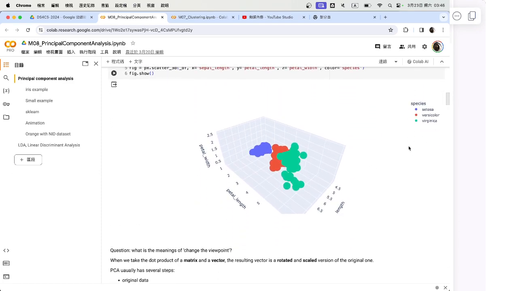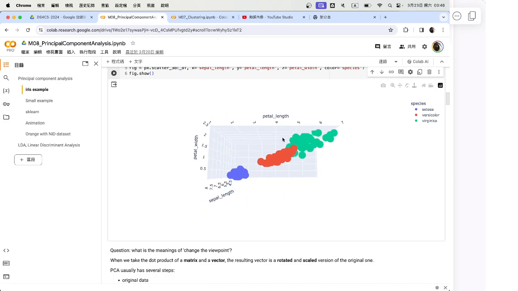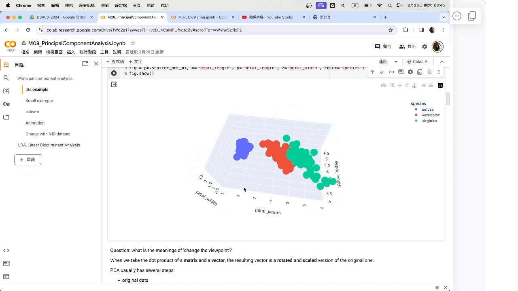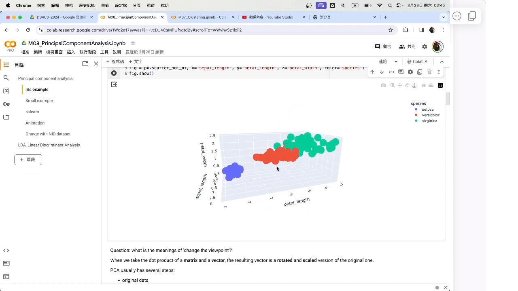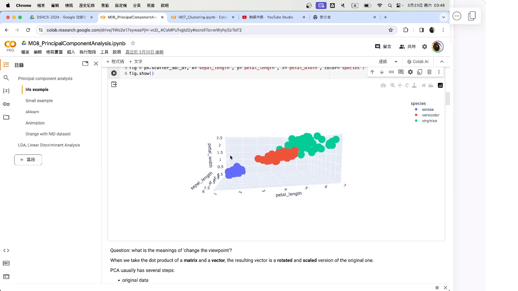That is the 3D plot of the iris data. You can see we have 3 different clusters, right? Usually when we observe this data, the x-axis is the petal length, the y-axis is the petal width, and the z-axis is the sepal length. We use 3 dimensions to describe the data.